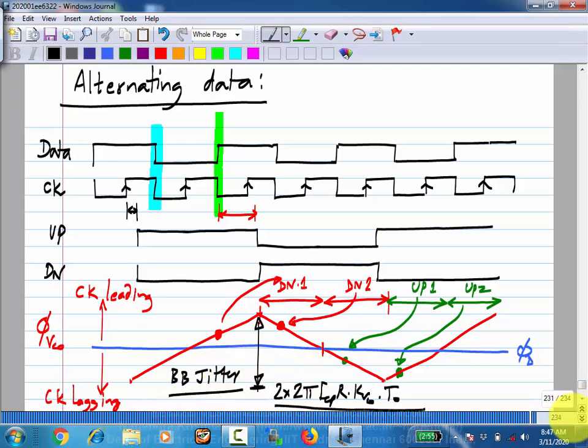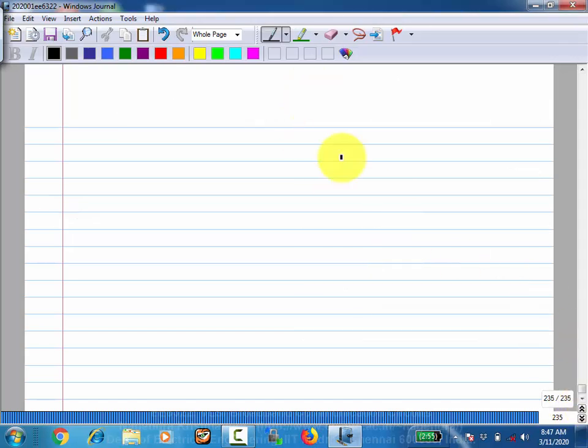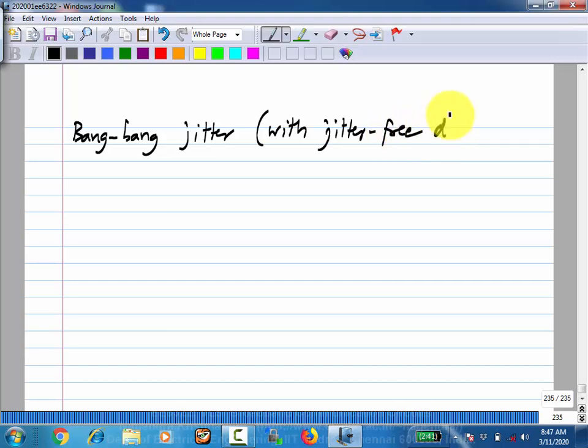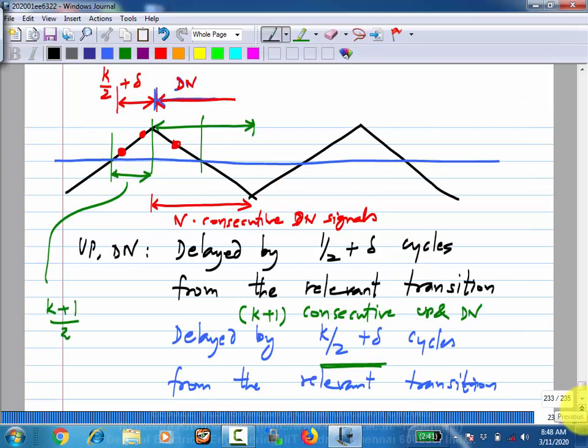So what we saw is that the bang bang jitter with jitter free alternating data input, what is that?